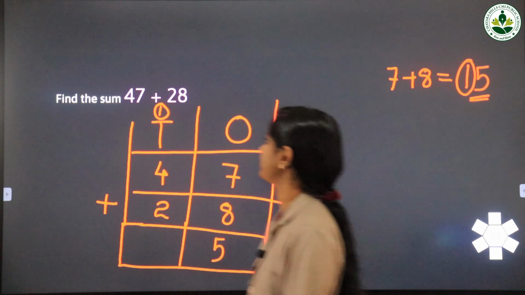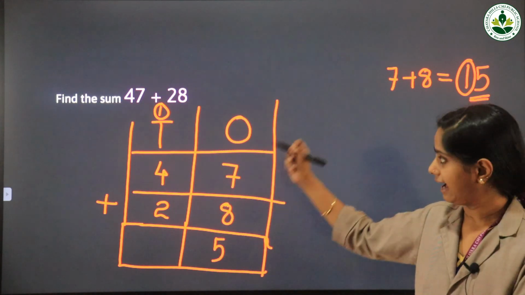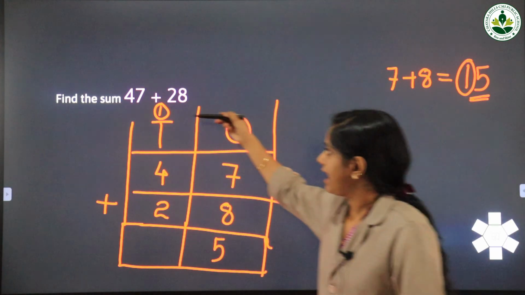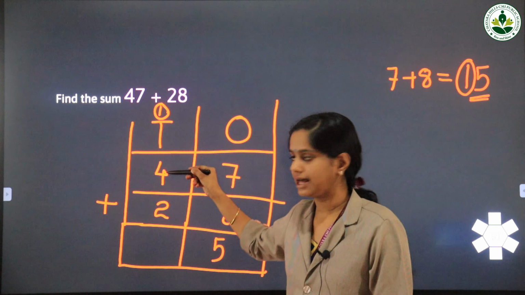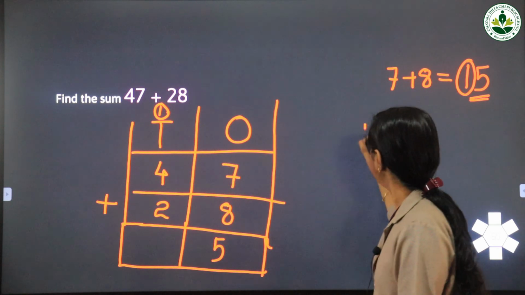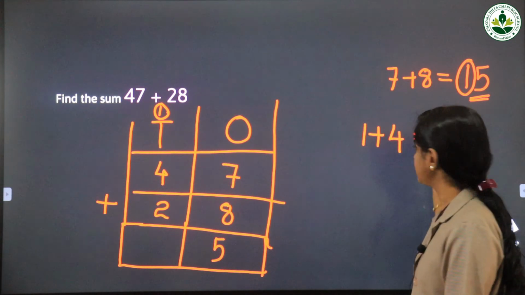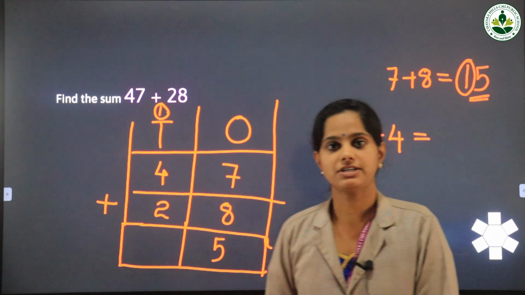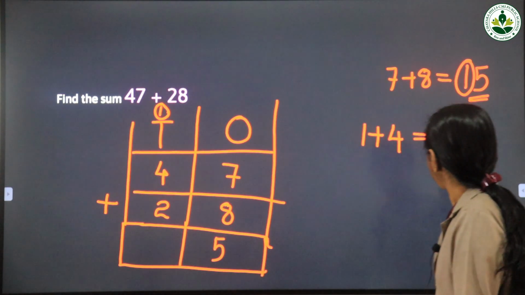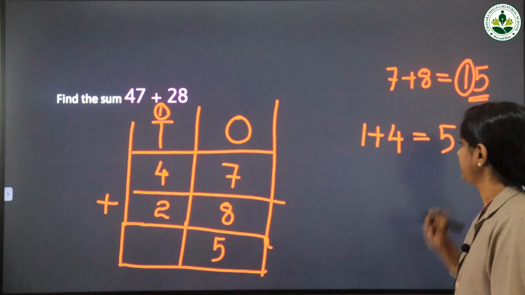Carryover. Okay. Then add 1 plus 4. 1 plus 4 is equal to 5. Okay.